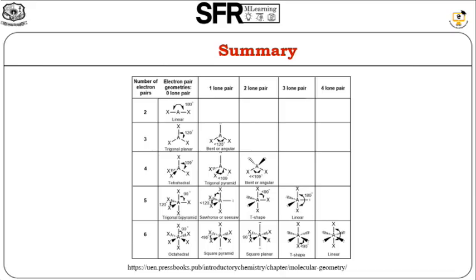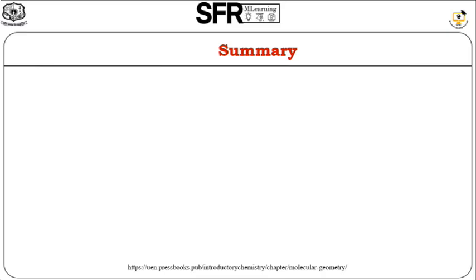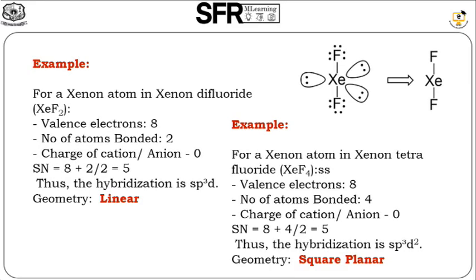For example, if the steric number is 3 and one lone pair is present, the geometry is bent or angular. Now, the steric number is 5 with 3 lone pairs present in the molecule, so the geometry is linear.